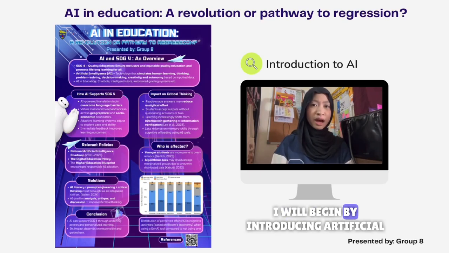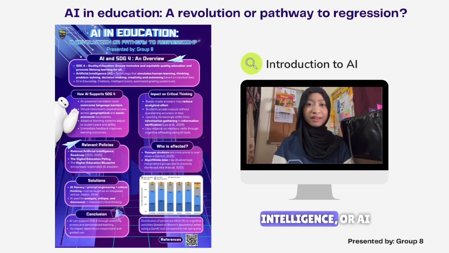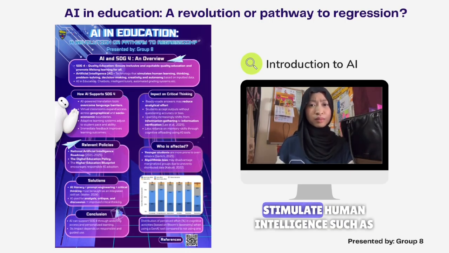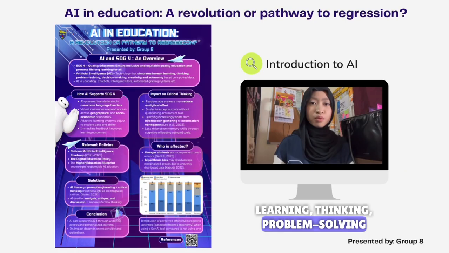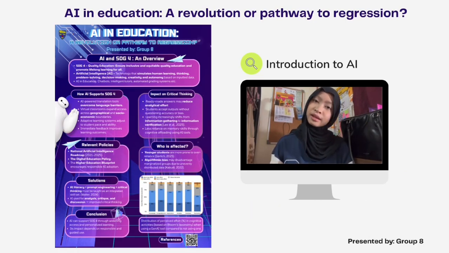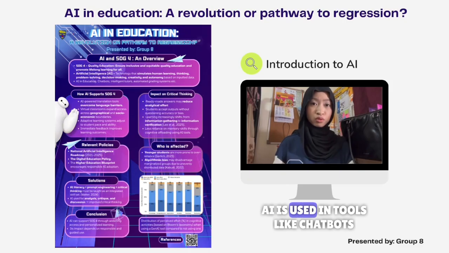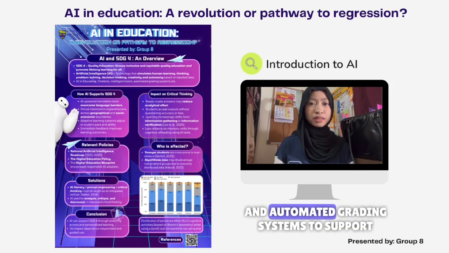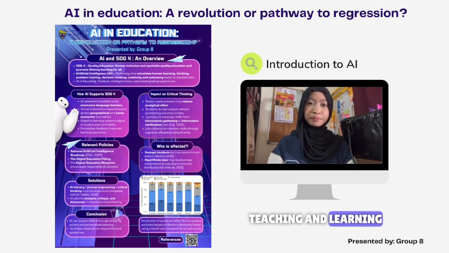I will begin by introducing Artificial Intelligence, or AI. AI refers to technology that can simulate human intelligence such as learning, thinking, problem solving, and decision making based on data. In education, AI is used in tools like chatbots, intelligent tutoring systems, and automated grading systems to support teaching and learning.